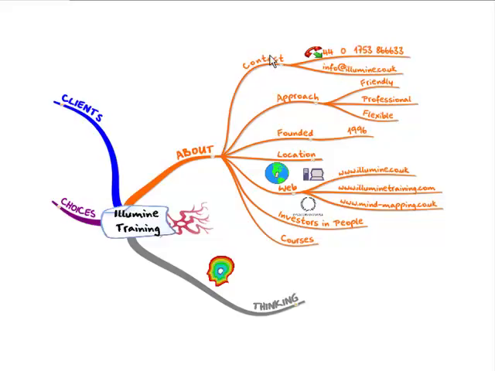So what we're doing is expanding out. These here are subsets of the previous level, expanding from the ends of lines. These are subsets of this. Wherever possible, we're using single words, but we're also prepared to use numbers, and you'll see increasingly on this map we're starting to introduce pictures as well.